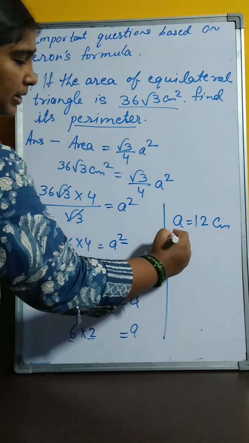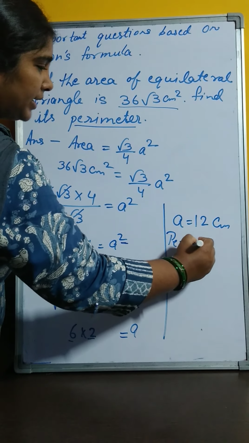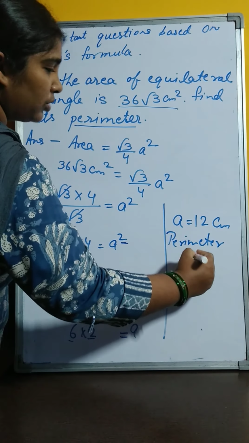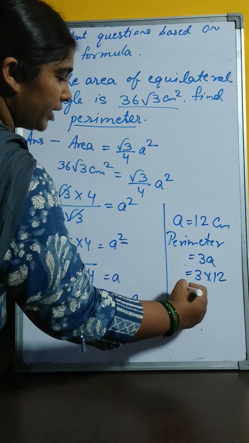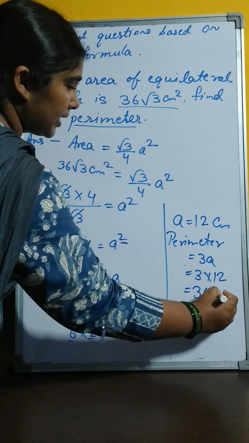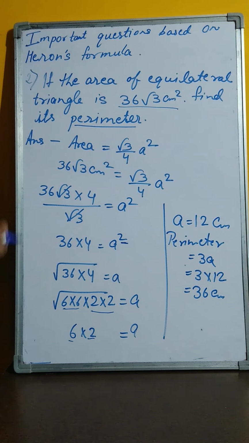We know the perimeter of an equilateral triangle is 3 multiplied by a, which is 3 into 12, or it is 36 centimeter. If the question says find the height, you can easily find the height by the formula √3 by 2 a. Come to the next question.